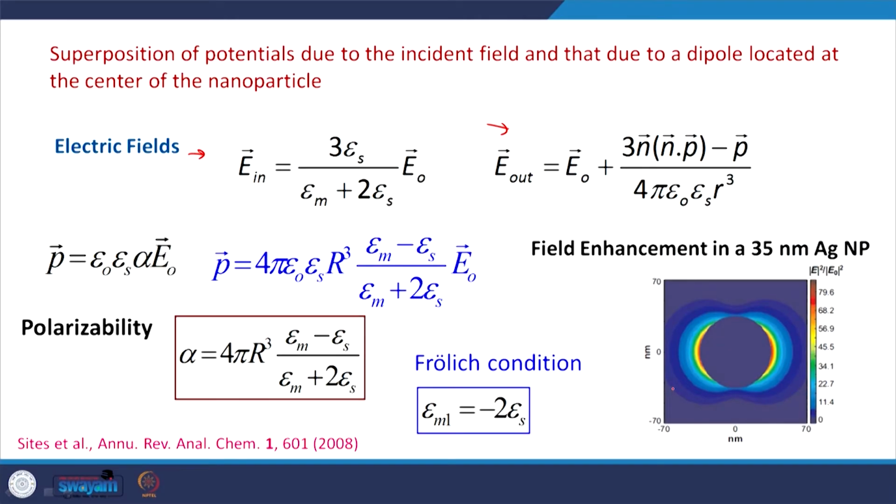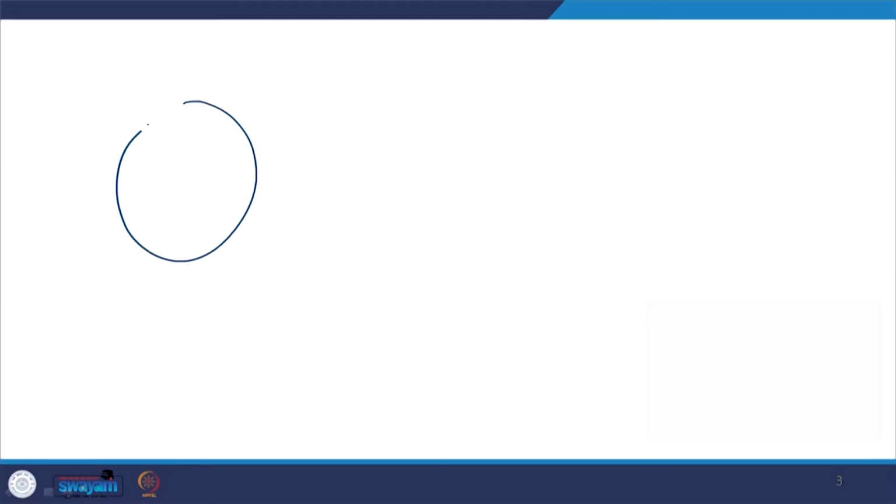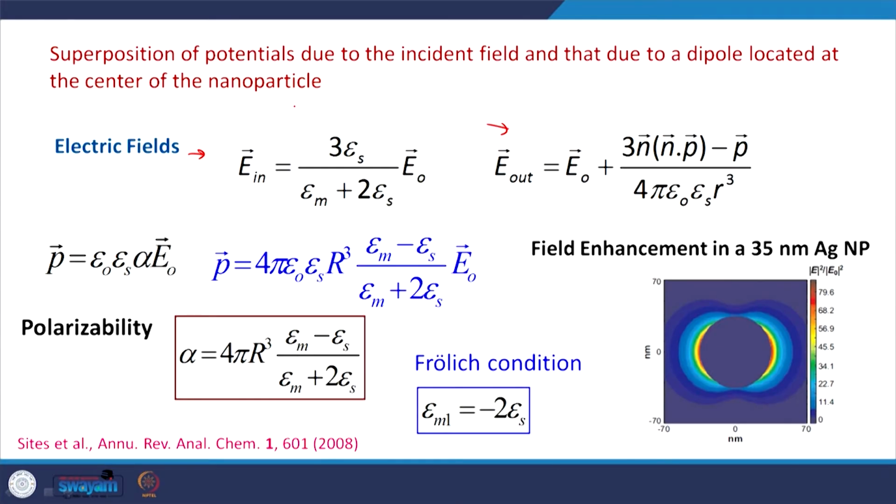What happens is that you have this sphere, and it seems that there is a dipole P sitting at the center in this electric field, and this dipole has a certain role, we will come to that. In terms of polarizability alpha, the dipole moment can be written in terms of the incident electric field, which is this thing.